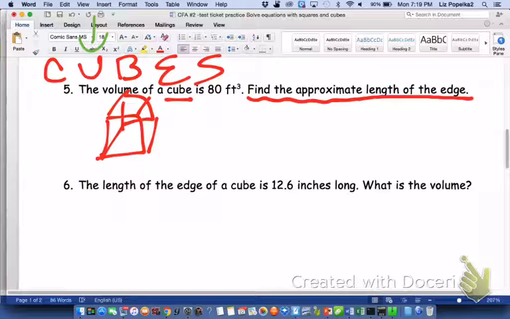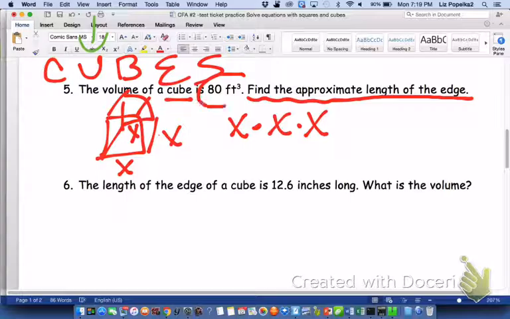Okay, so I've got a cube, and it says that the volume of a cube is 80 feet. We're going to recall that to find the volume of a cube, you multiply the length times the width times the height. And because it's a cube, all three of those numbers are the same. So x times x times x tells me that my volume is 80.